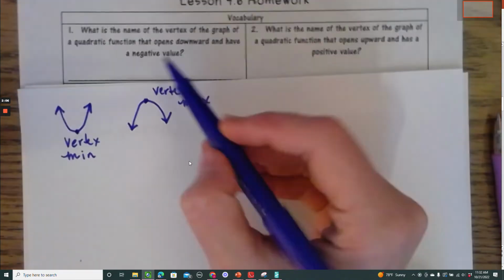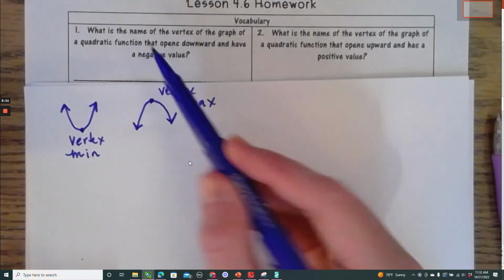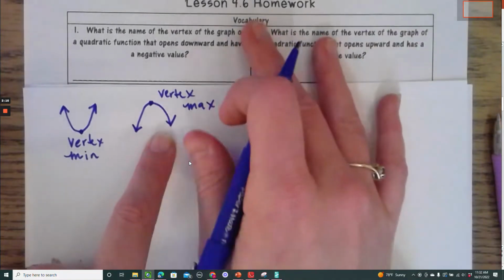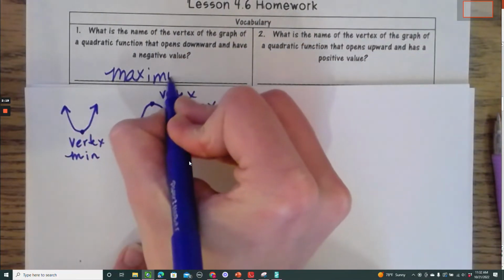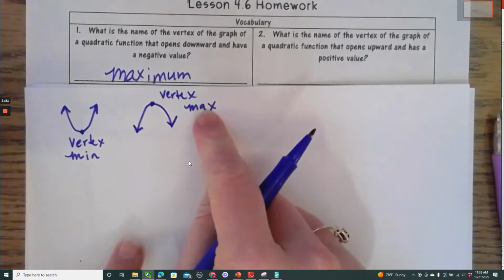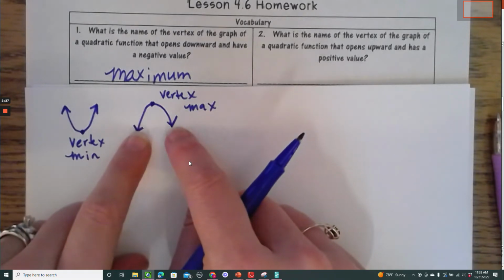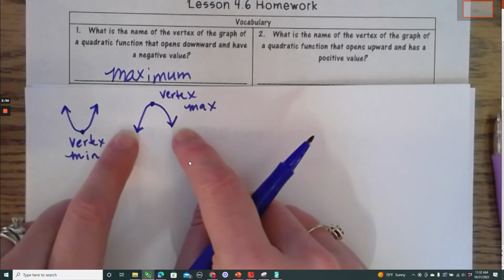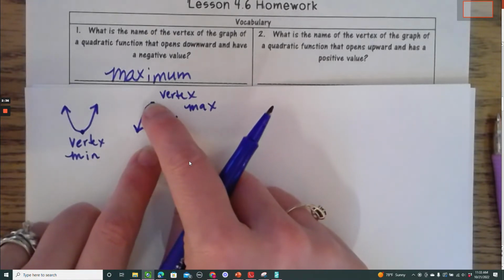Okay, so vocabulary. What's the name of the vertex of a graph of a quadratic that opens downward? So this opens downward, and it's called a maximum. Where these points come in is what you're going to do on Monday with domain and range, because whereas the domain of a graph like this is all real numbers, I can plug any x in there, the range would be from the maximum point and down.